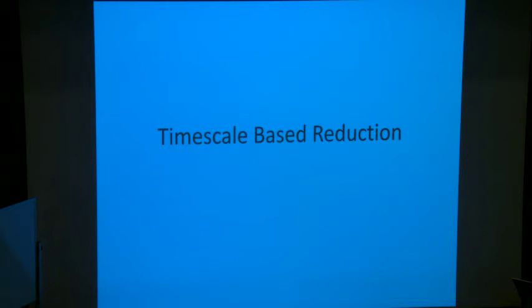Okay, so the second topic for reduction is the so-called timescale-based reduction. Well, what you get from skeletal reduction is, if you have been using chemical mechanisms, it's very easy to use them, right? Different fields, different mechanisms, they have a similar format. You get a chemistry input file with elements, species, and reaction list.